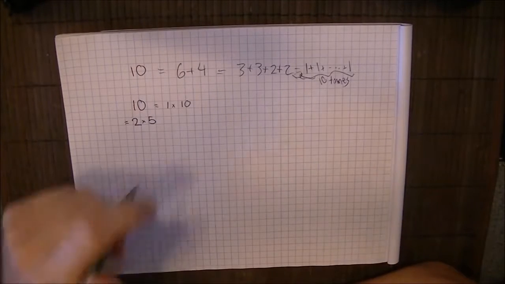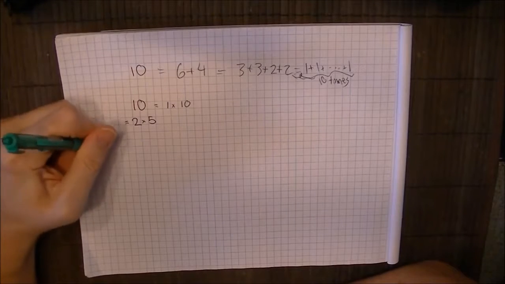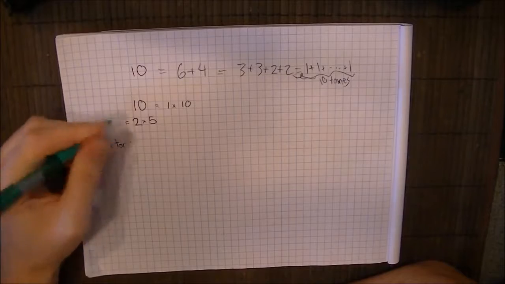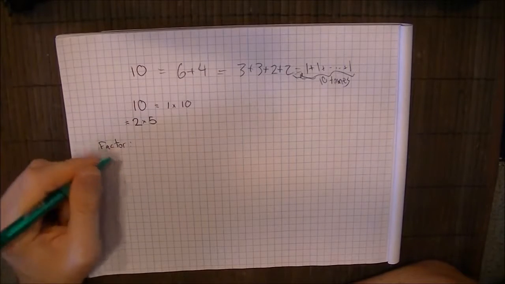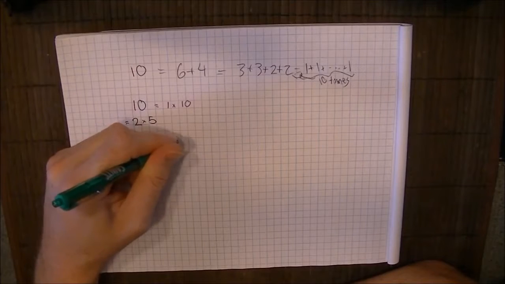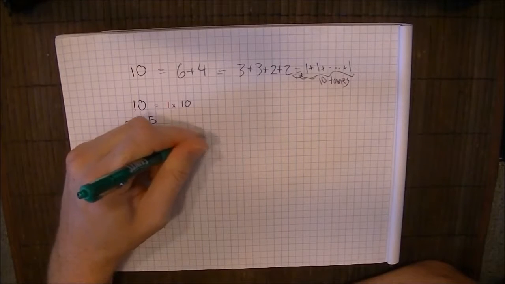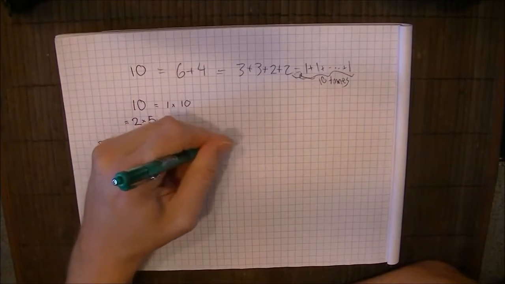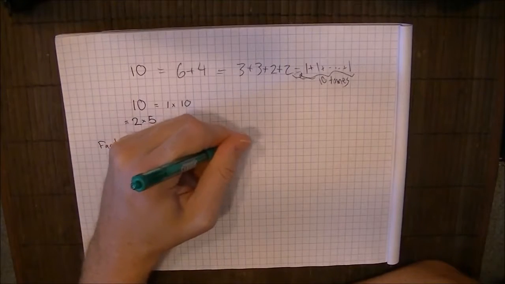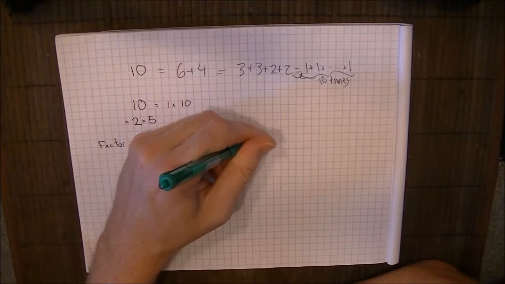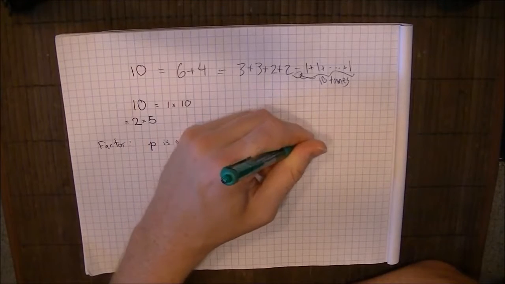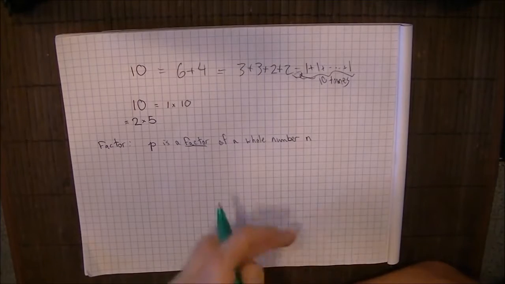So let me just write down a quick definition of what a factor is. Definition: we can say that P is a factor of some whole number, let's call it n, just so that we have something to represent that whole number.